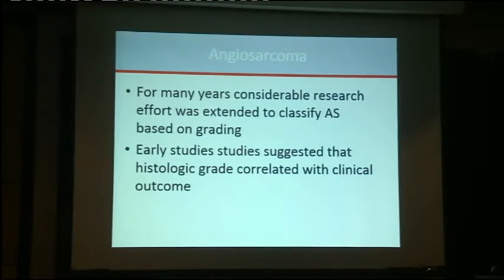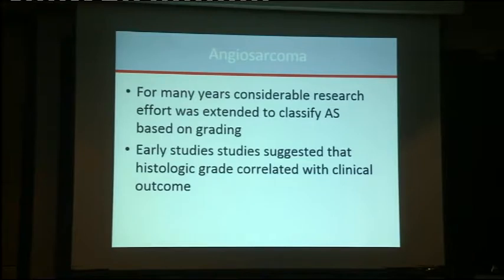And for many years, there was a considerable research effort to classify angiosarcomas based on grading. There were many grading criteria to classify angiosarcomas based on nuclear features, based on papillary formation. But now we know that histologic grade really does not correlate with clinical outcome.